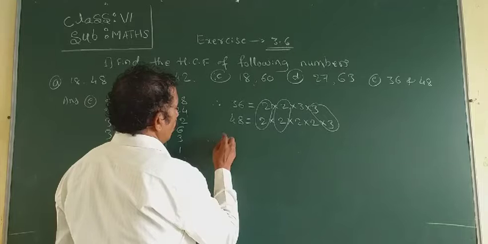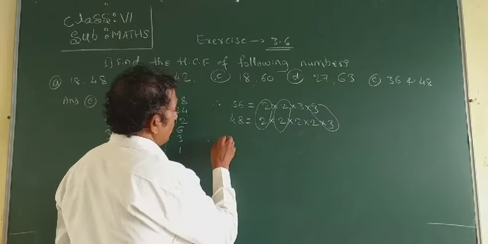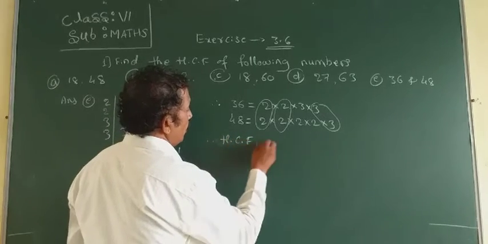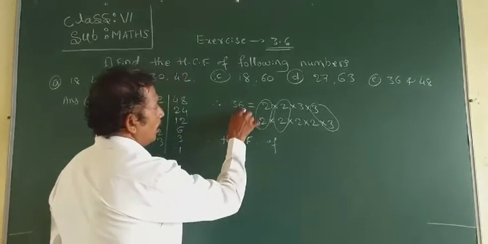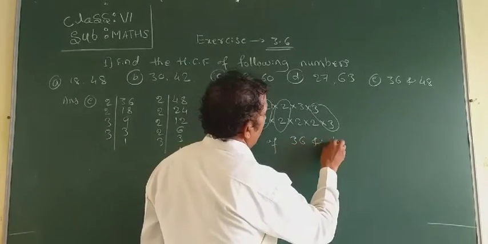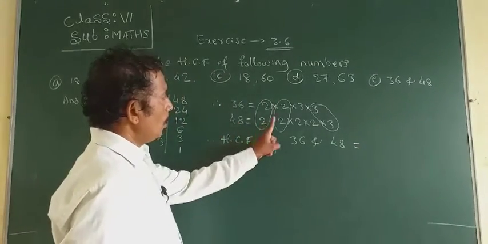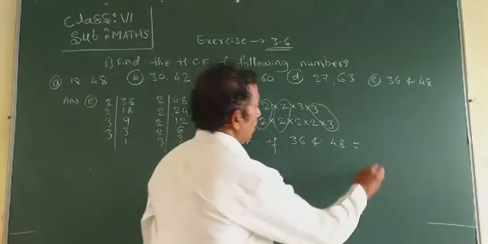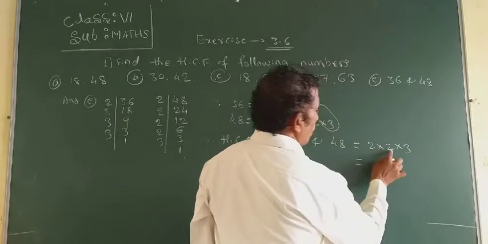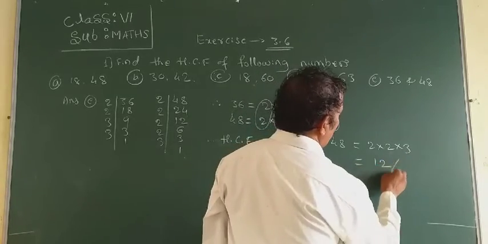Therefore the highest common factor, HCF of 36 and 48, is equal to 2 into 2 into 3. 2 into 2, 2 2s are 4, 4 3s are 12.